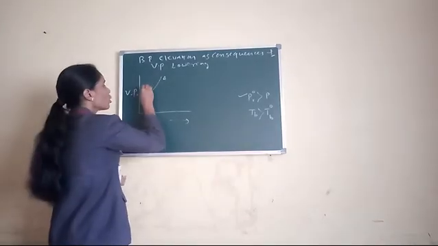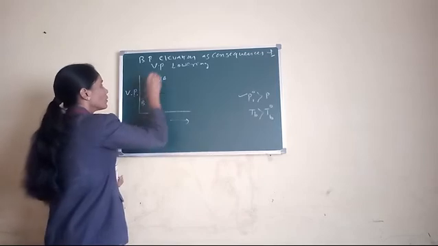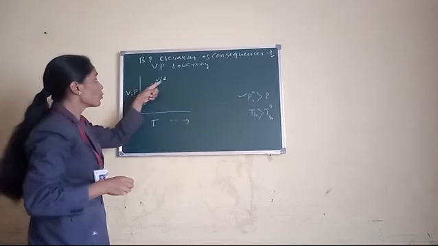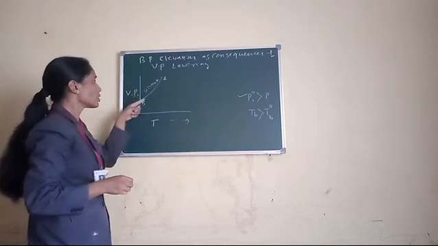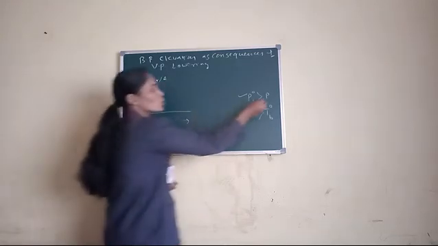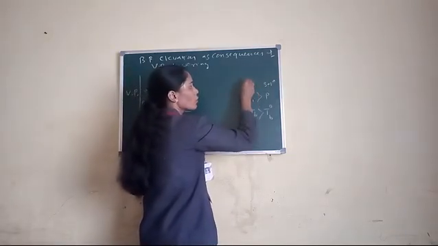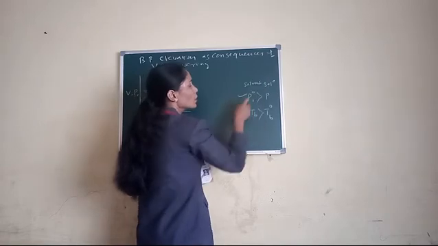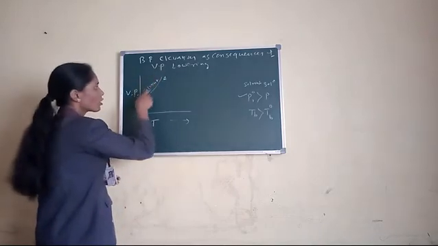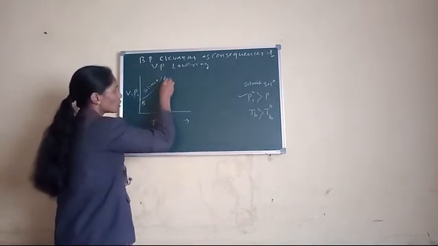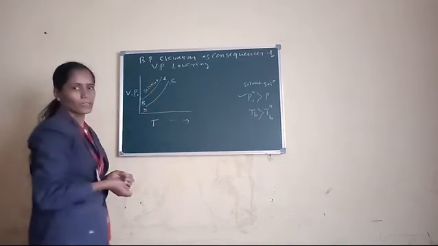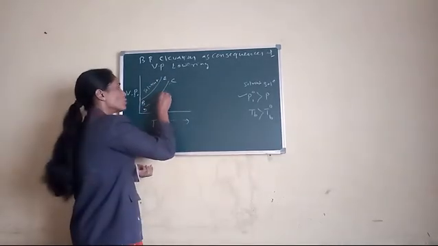From this data, the vapor pressure of the pure solvent is greater than that of the solution. Curve AB is for the solvent. The vapor pressure of the pure solvent is highest, therefore its curve is at the upper level, and curve CD is for the solution.